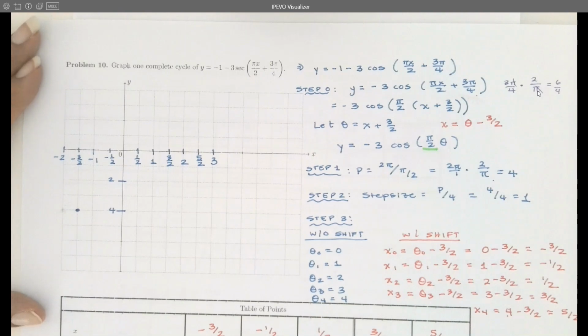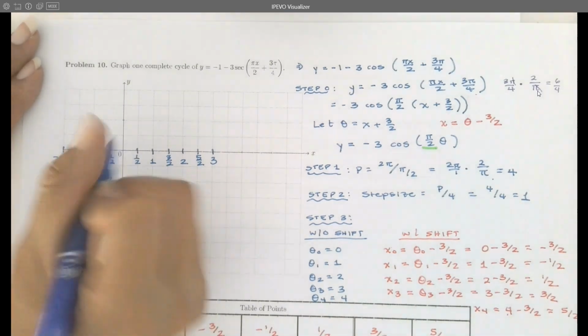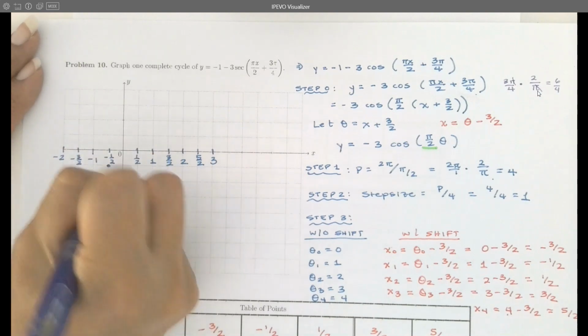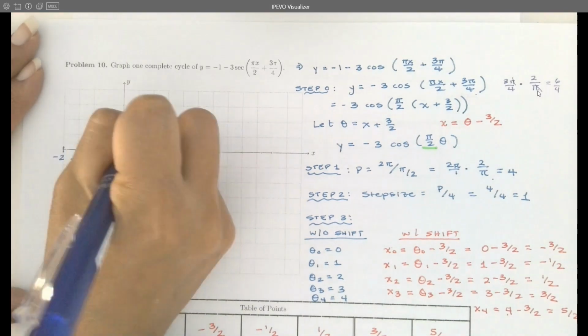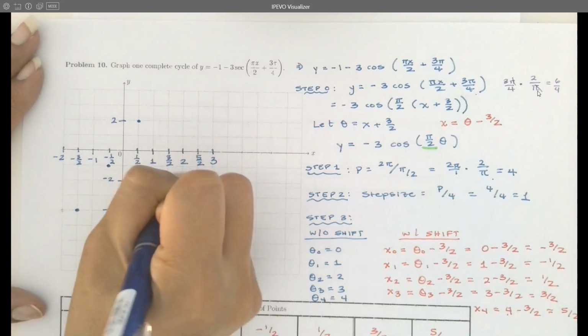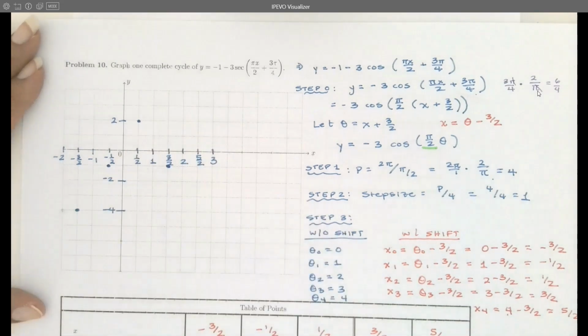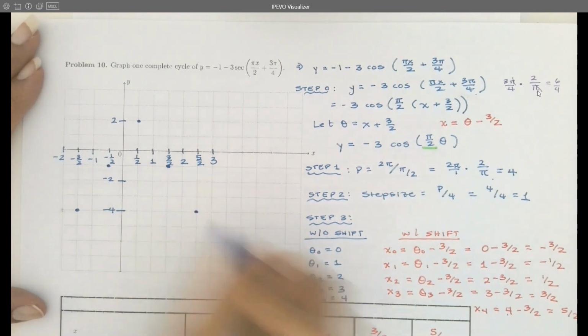So negative 3/2 comma negative 4, then negative 1/2 comma negative 1, that'll be here. And then 1/2 comma 2. So this is a 2. I'll place it here. 3/2 comma negative 1, so that would be here. And 5/2 comma negative 4. So down here.